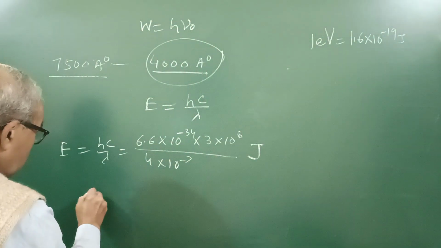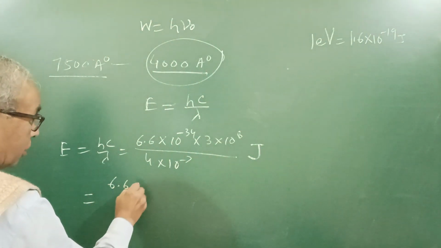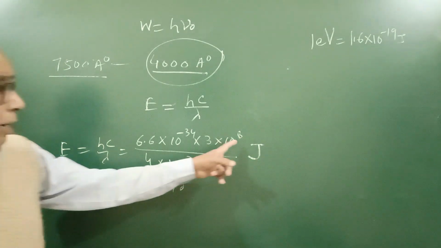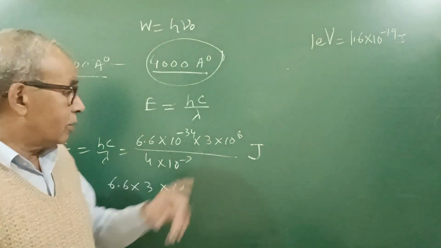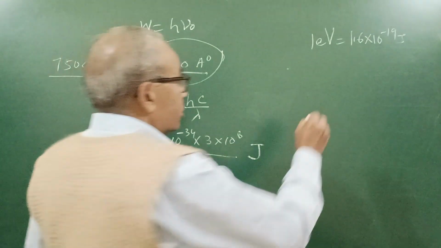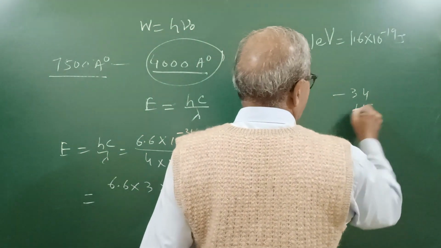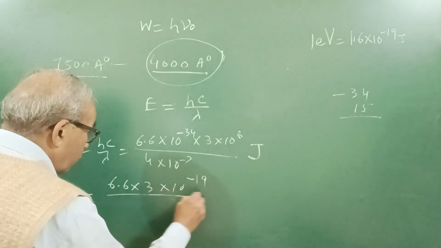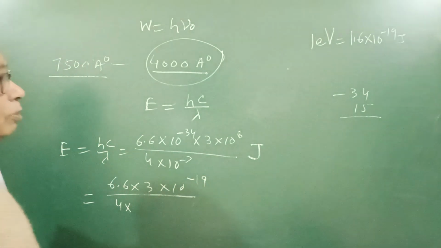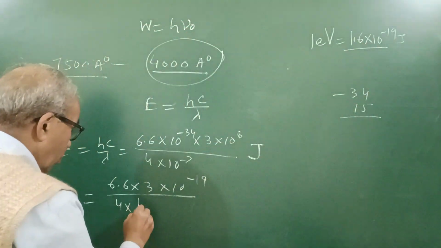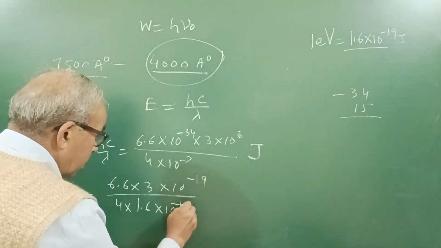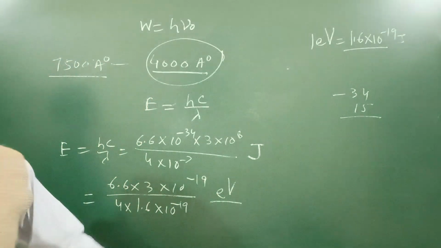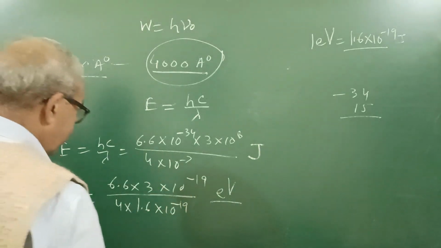So to find this value in electron volt, 6.63 into 10 to the power 15, collecting the powers: 7 plus 8 is 15, minus 34 plus 15 gives minus 19, upon 4, and we have to convert to electron volt by dividing by 1.6 into 10 to the power minus 19 and writing eV. The powers cancel.